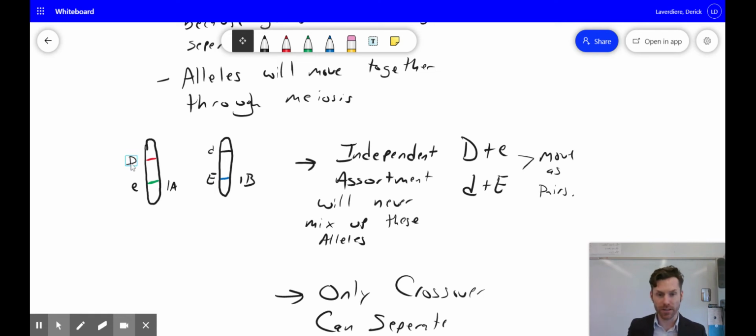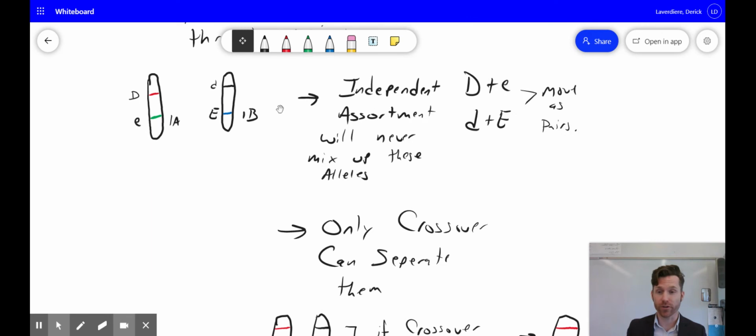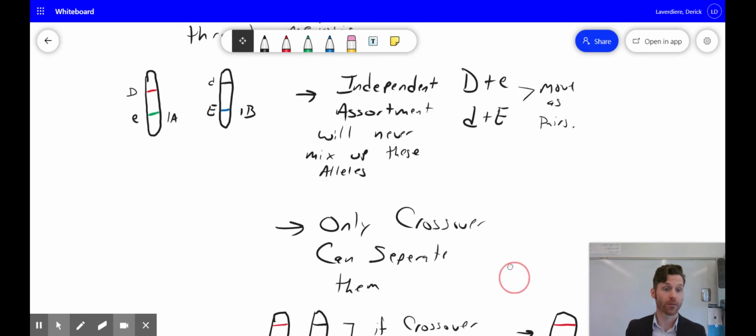And so the big D and the little e will always move together into the gametes of this individual. Right? The little d, the big E will always move together into the gametes of this individual. So they're not independently assorted, is what that means. They move as pairs.